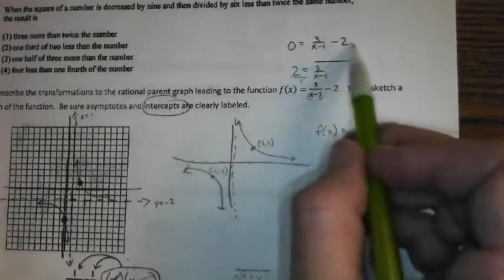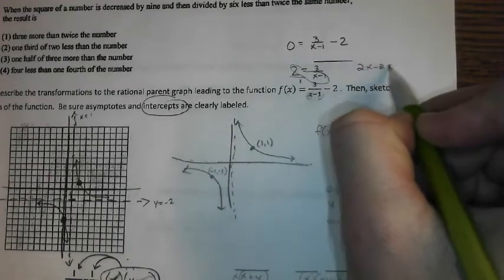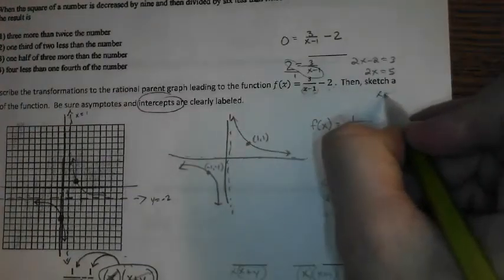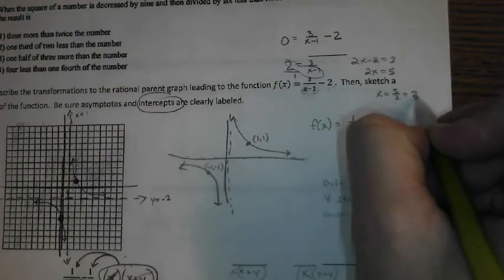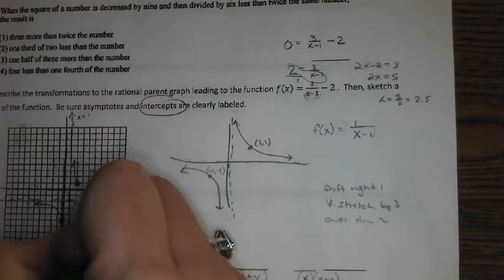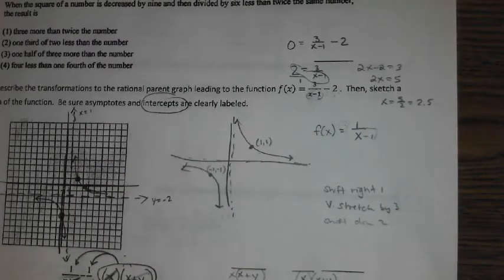You can't cross multiply with a binomial there. So I cross multiply, I get 2x minus 2 equals 3, add 2 to both sides, 2x equals 5, x equals 5 halves, which is 2.5. And we could kind of clean that up just a little bit and make it cross at 2.5. Yeah.